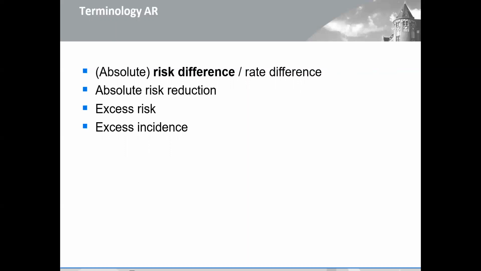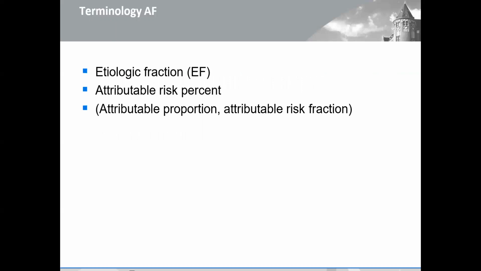But if you then reduce that difference between the two, then you might be able to reduce the risk of getting the disease. That's where the absolute risk reduction term comes from. So these words are interchangeable.